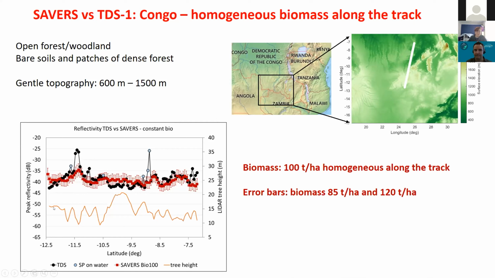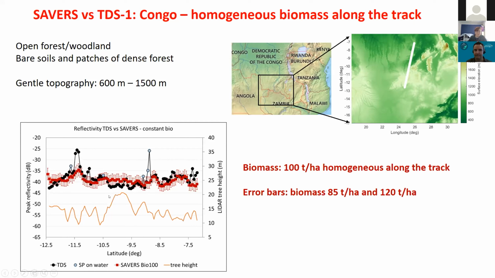The orange continuous line reports the LiDAR tree height. We see that when the tree height is low, like here at about 11.5 degrees latitude, the measured reflectivity is higher.